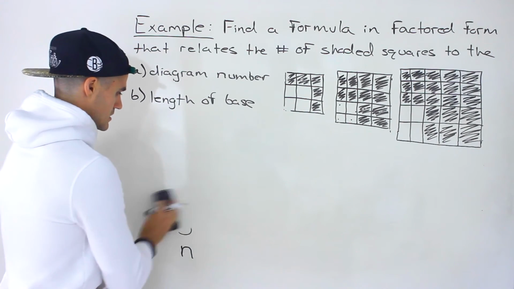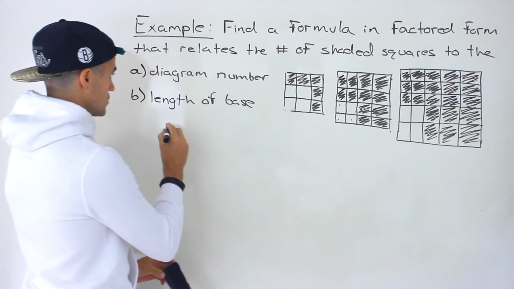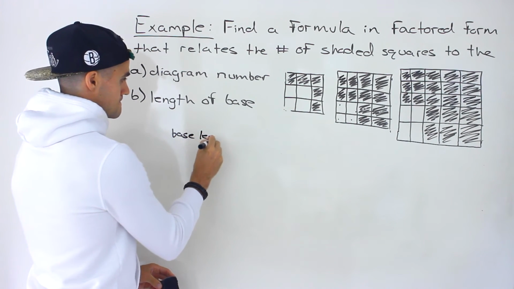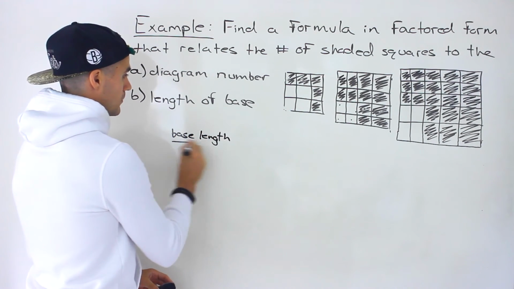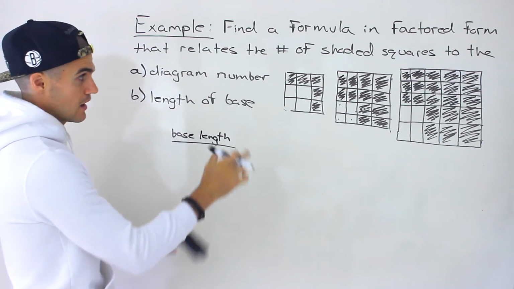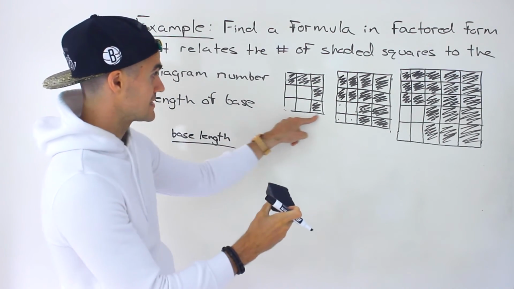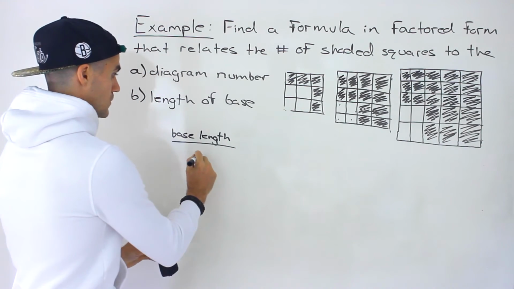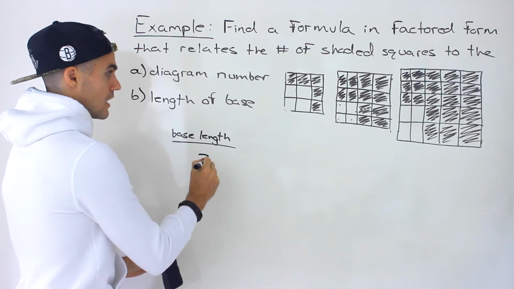So let's create some new columns here. So we'll go with base length. So we're not looking at the diagram number here, which is 1, 2, 3. We're looking at the base length of each of these squares. So what's the base length of the first square? It's 3. 1, 2, 3. So we would have 3.